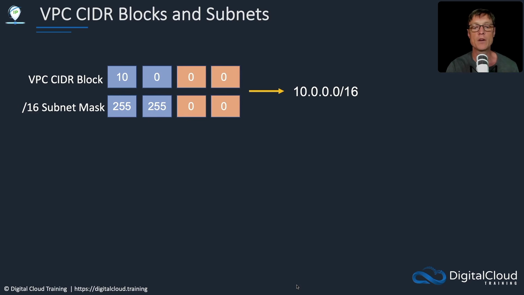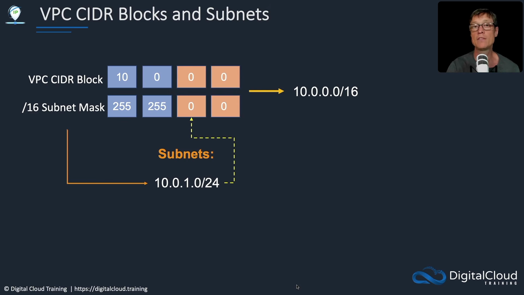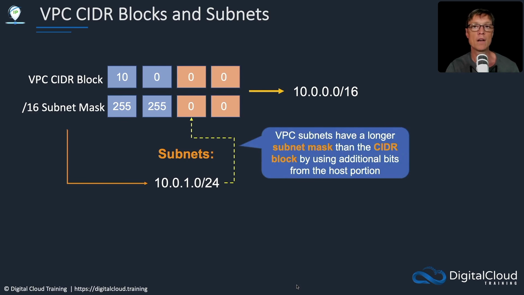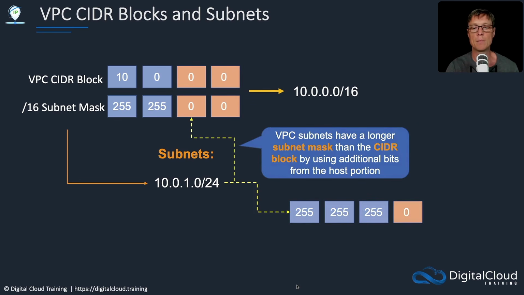So maybe we're going to have 10.0.1.0/24, and that means we've borrowed all 8 bits from that third octet for the network ID. So your VPC subnets will have a longer subnet mask than the CIDR block that they come from. Now, in this case, it's a 24-bit subnet mask.